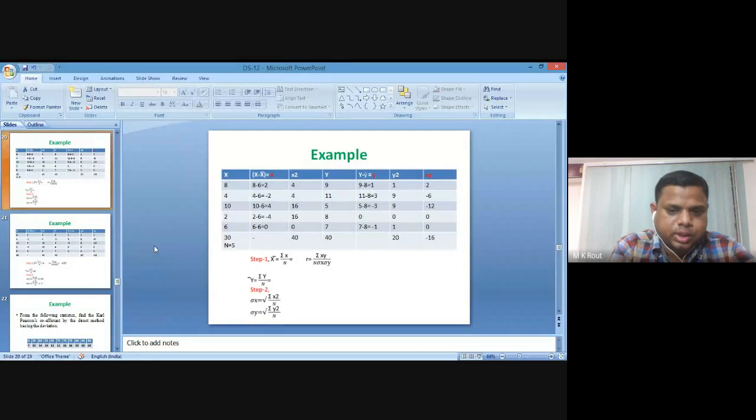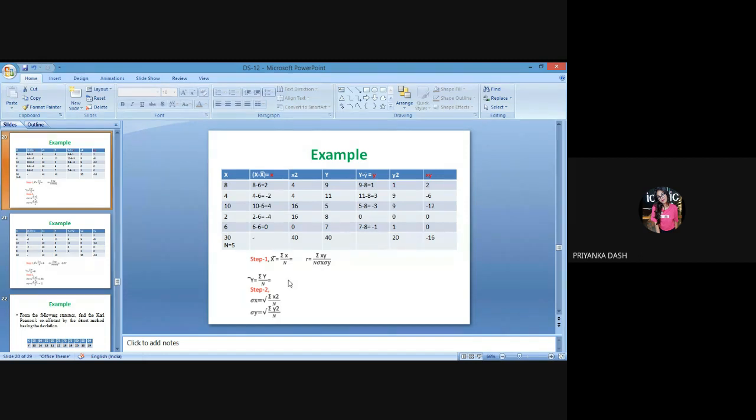That is the correct answer. Then in step number 3, you have to directly apply the collected data, sigma x and sigma y, in the last formula, that is correlation, which belongs to the direct method. r equals summation of xy. What is the value of summation xy here? Minus 16.